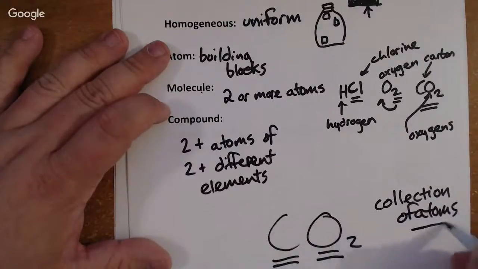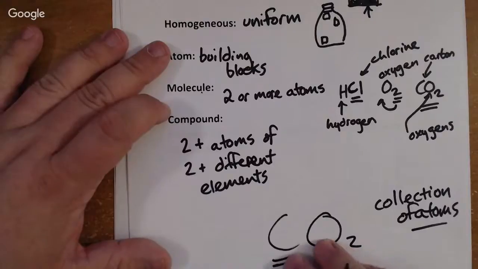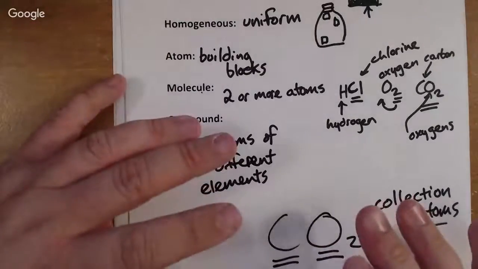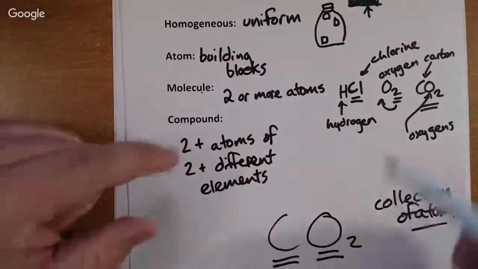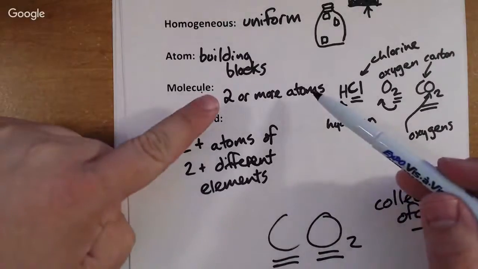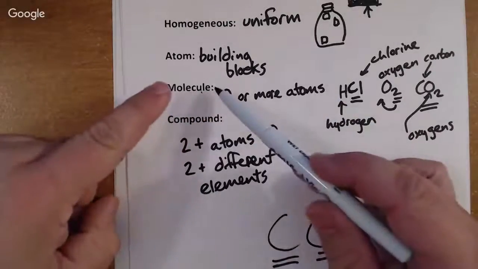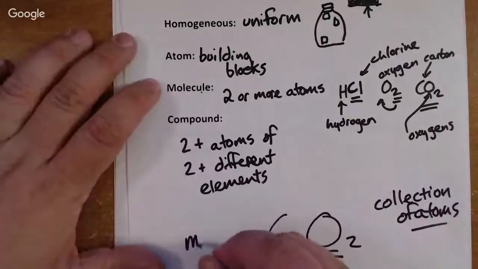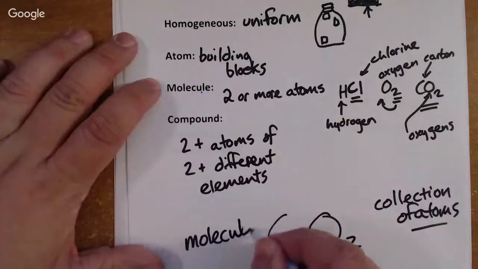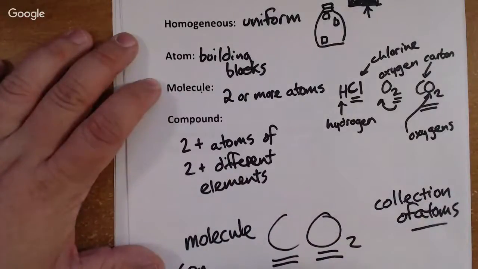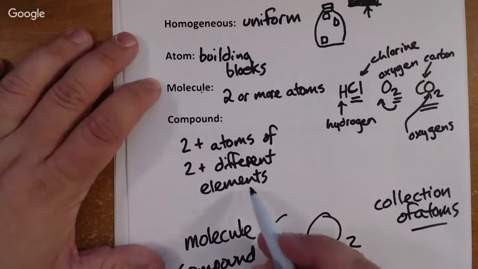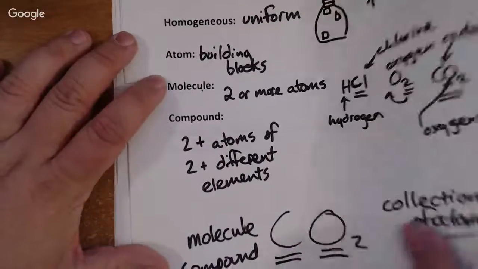And we'll learn later that this collection of atoms is bound together. They're all stuck together. And we can also say two or more atoms makes a molecule. So this is a molecule because it has two or more atoms. This is a compound because it has two or more elements. It has carbon and oxygen, meeting the requirement for being a compound.